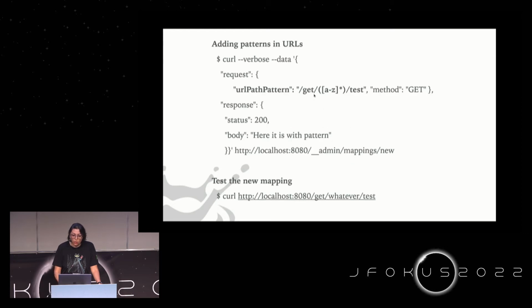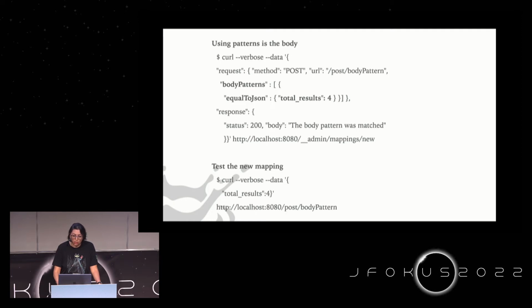You can also create URL patterns, and it is super easy to actually require something else. For example, whenever you create this mapping and you request localhost 8080 get, instead of whatever, you really use any string from A to Z, you will get the same pattern.